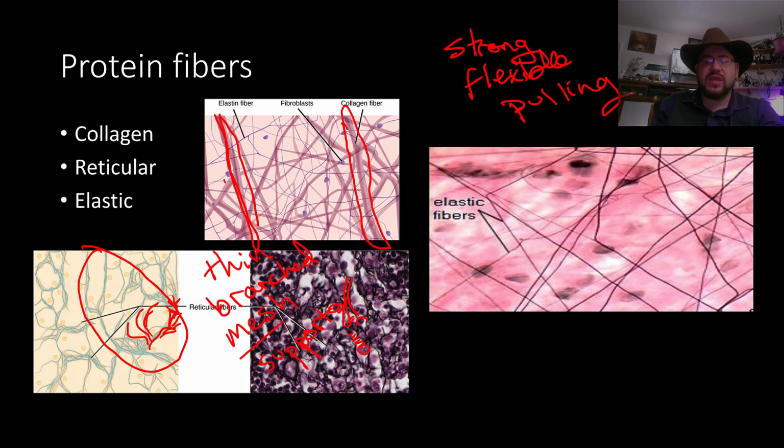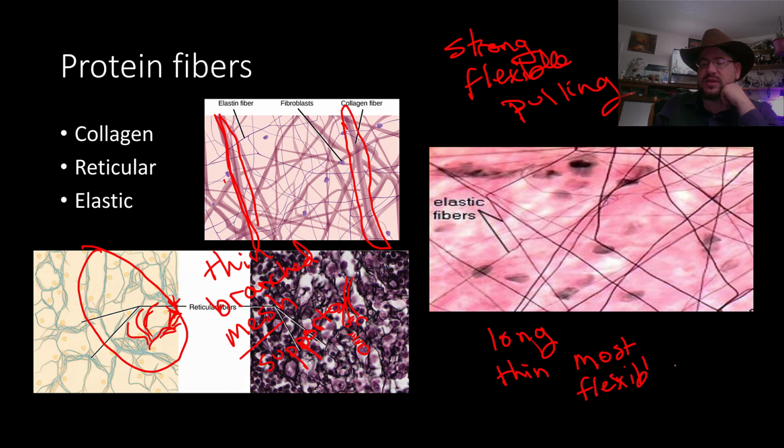And then lastly, we have the elastic fibers. So elastic fibers are long, they are thin, they are a little weaker than collagen, but they are the most flexible. They are highly elastic. Obviously, given the name, elastic fibers.